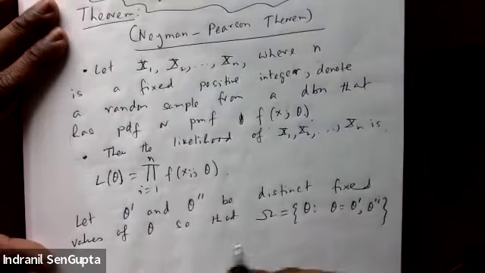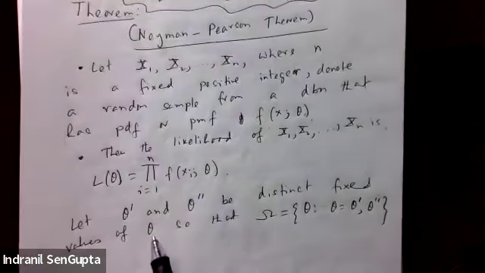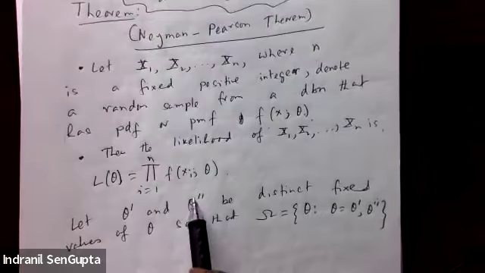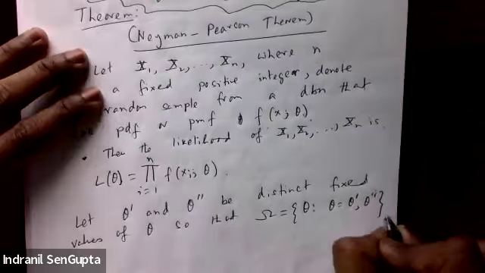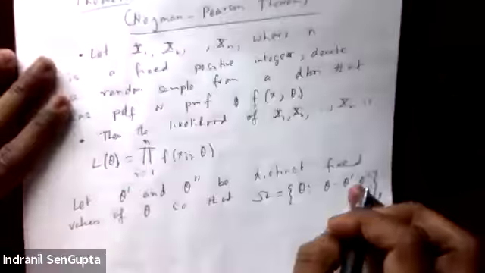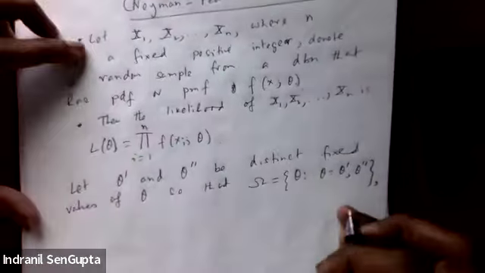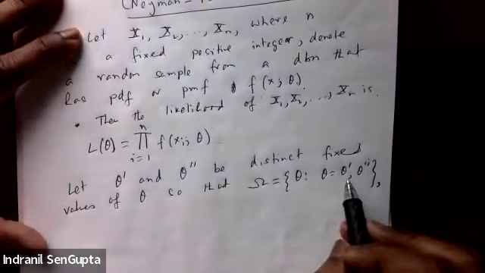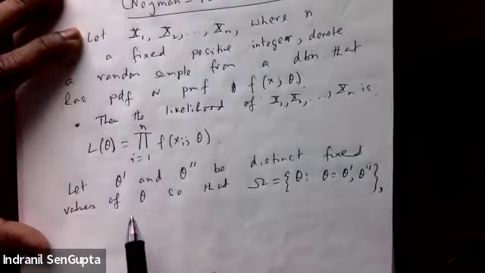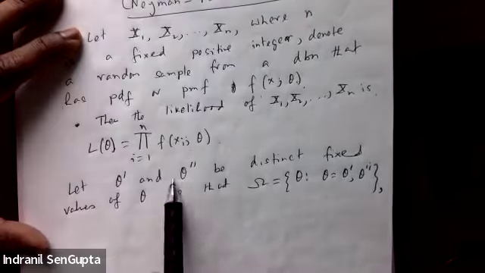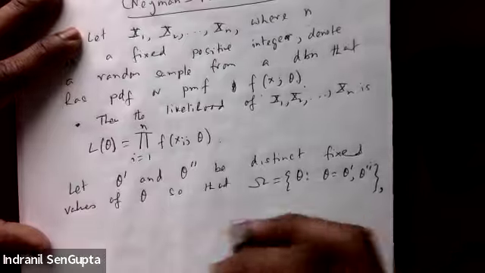So my possibilities for the values of theta are two, theta prime and theta double prime. There is no third one. Why am I saying this? Because later on we'll be making this more general, so there we can have more values. But here we have two options. So the value of theta can either be theta prime or theta double prime.